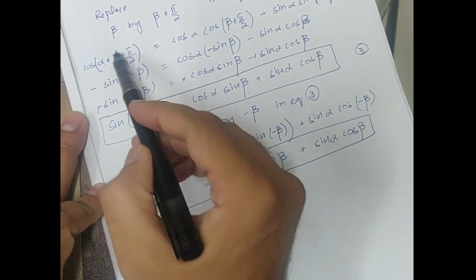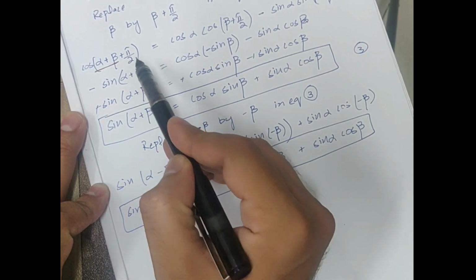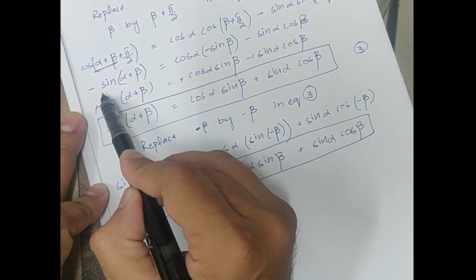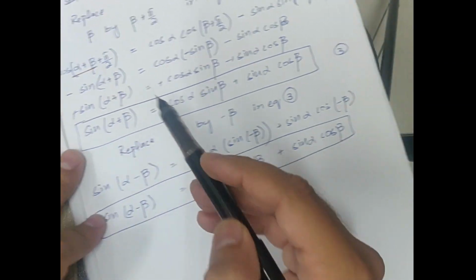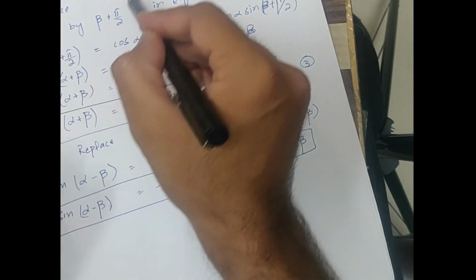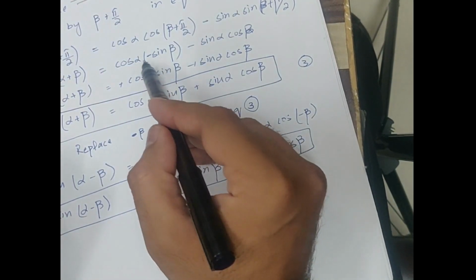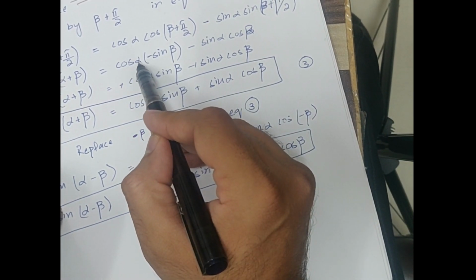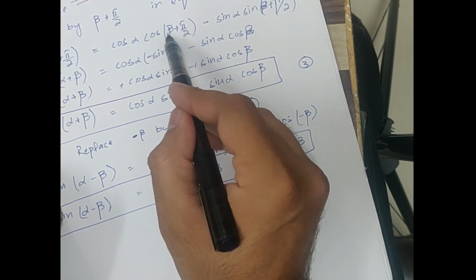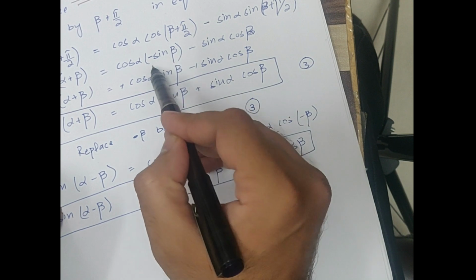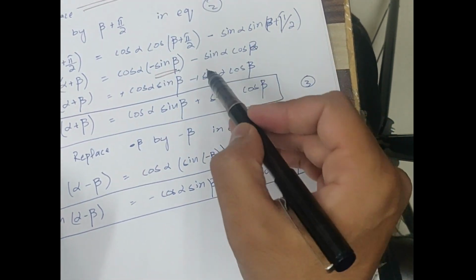So any angle alpha plus beta plus pi by 2 is equal to minus sine alpha plus beta. We have established this in this formula. And similarly, cos beta plus pi by 2 is equal to minus sine beta, as we already established in this formula.